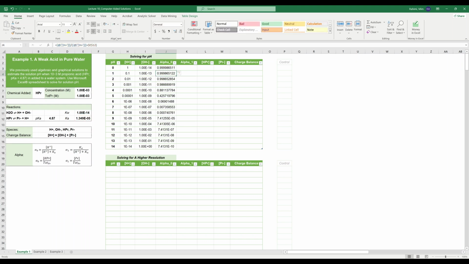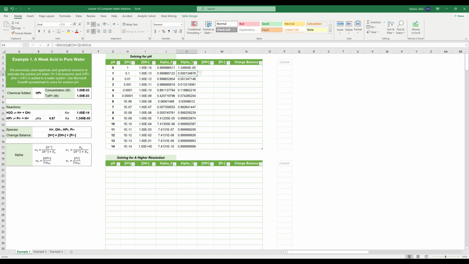So we have this alpha 0 term, and then we have this alpha 1 term as well. So following the same thing here, basically Ka, again, it's a constant, divided by the denominator. Make sure you use these parentheses. So H plus, again the constant, but we use this dollar sign, close parentheses.